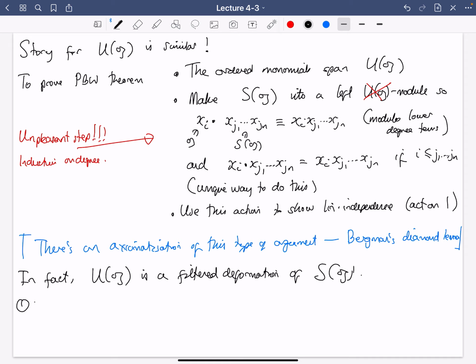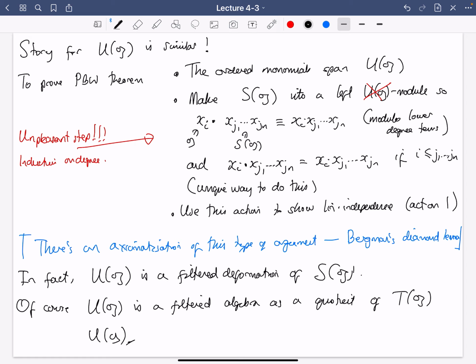Of course, it's a filtered algebra, as it's a quotient of the tensor algebra, which is a graded algebra. So the degree n filtered piece will be the image, just like we did before, of the degree d graded pieces of the tensor algebra for all d less than or equal to n. So that's the filtration on the universal enveloping algebra.